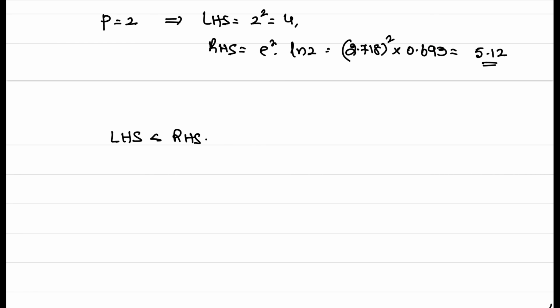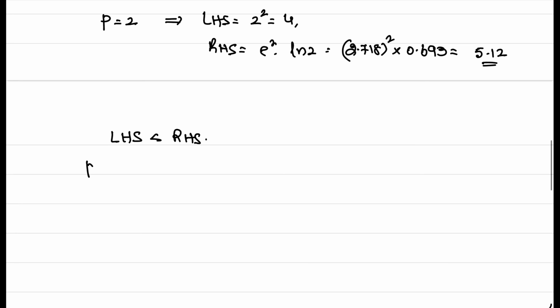In the previous examples I have shown, when left hand side changes its inequality with right hand side value between two values, then the root of that particular equation lies between these two.